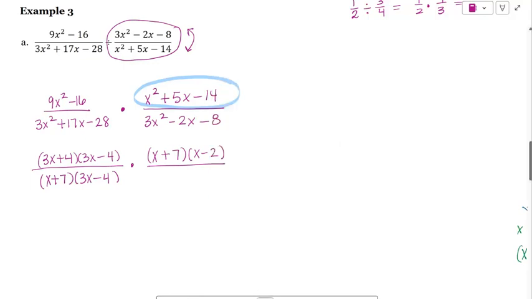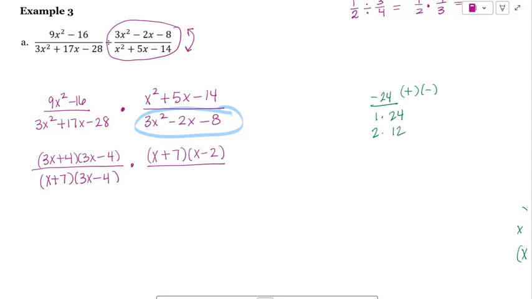So now I'm focused on this one. I need to do 3 times negative 8, which is negative 24. So I'm going to have one positive number and one negative number. I can get 1 times 24 or 2 times 12, 3 times 8. I think I want 4 times 6. I want the 4 to be positive, and I want the 6 to be negative.